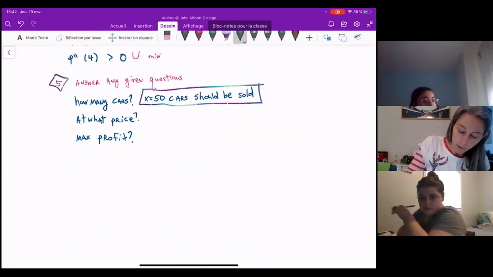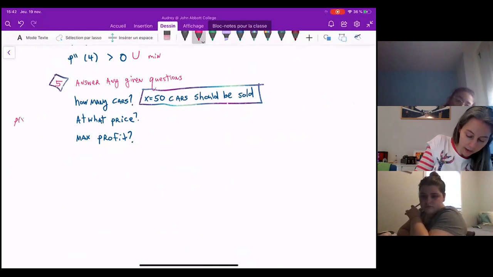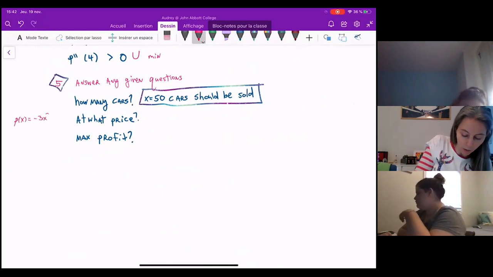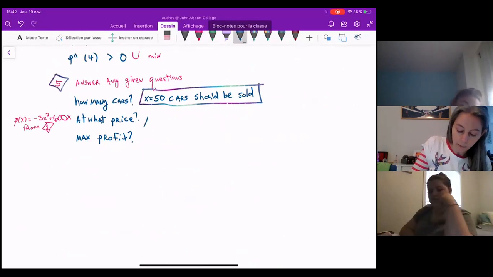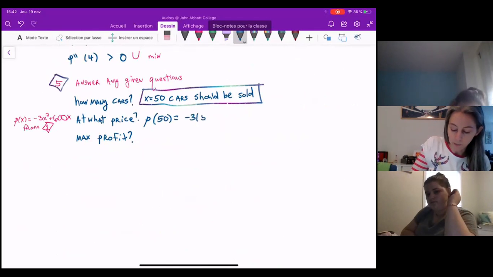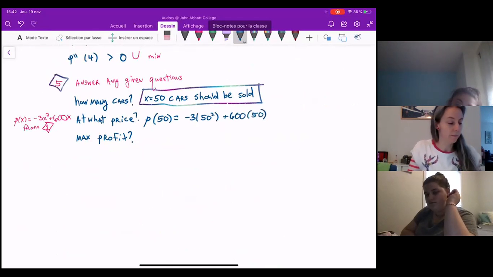So here we remember that p of x is equal to negative 3x squared plus 600x, and that is from the first part. So now I'm doing price at 50 units: negative 3 times 50 squared plus 600 times 50.